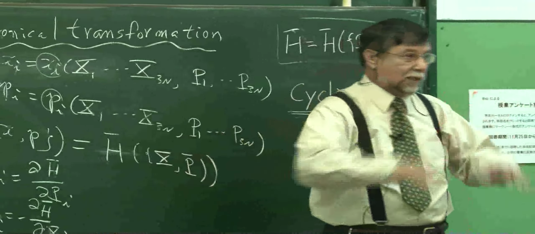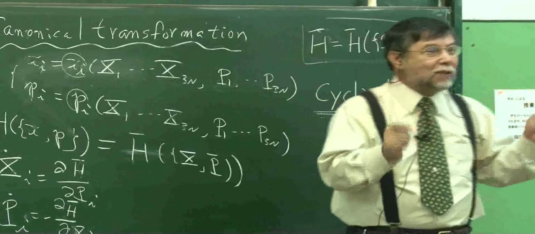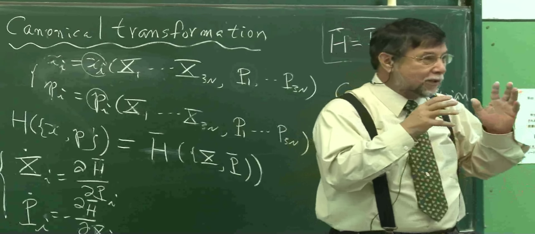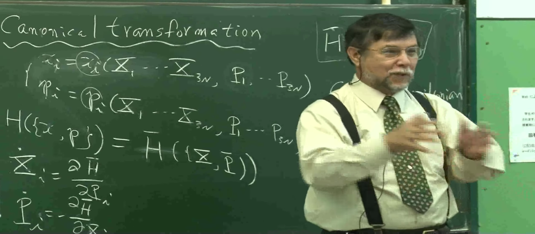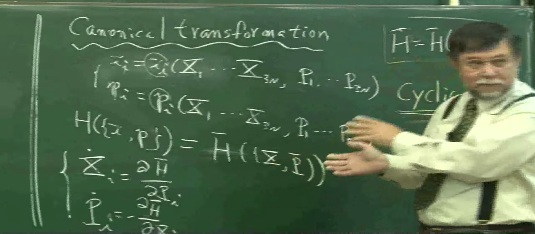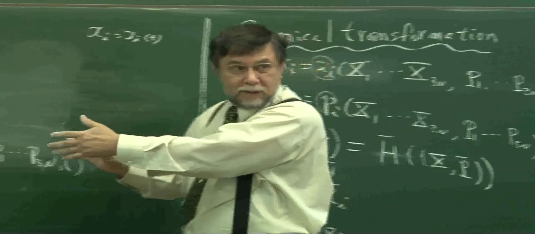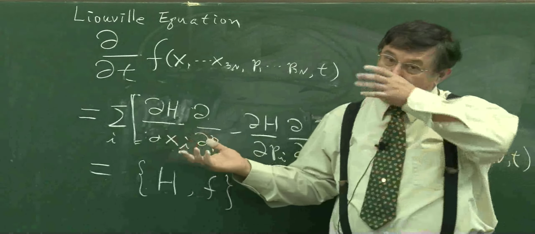So that is one very important route. No matter how complicated the physics, that is always the route. And then another view, that is a point transformation, but there is another view, the function transformation.